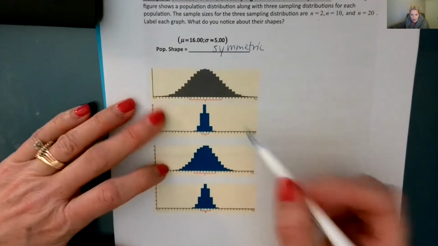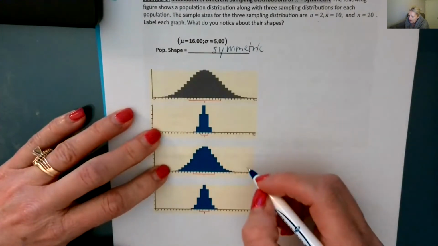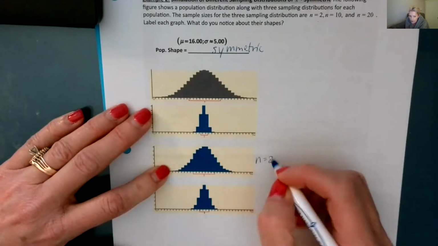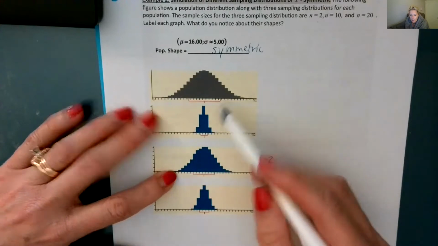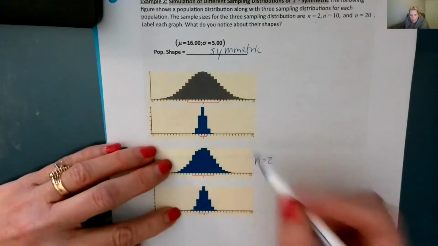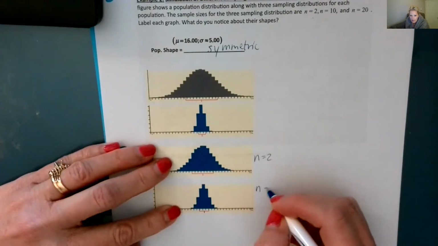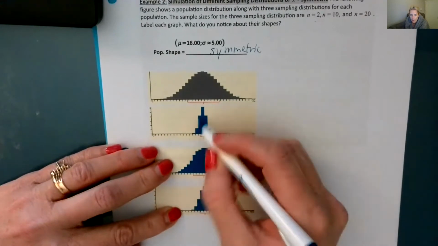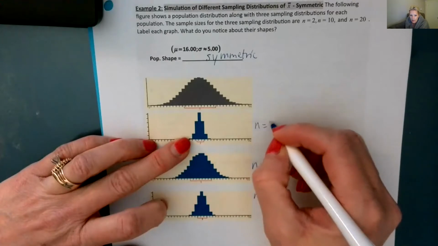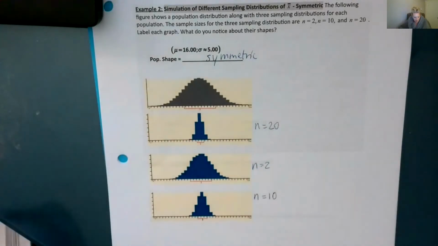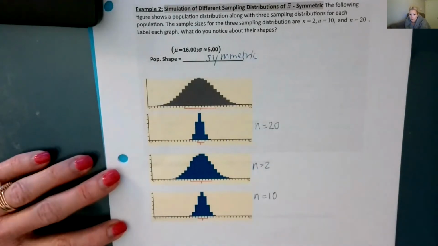You can see that the sample of size 2 is still symmetric, but it's still a little more spread out. But the bigger the sample size, so this is a sample of 10, and then the one with the least amount of variation from each other is going to be the largest sample of 20.